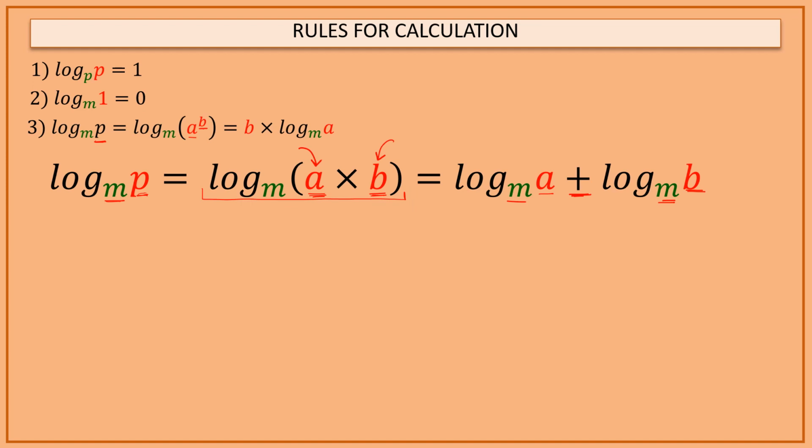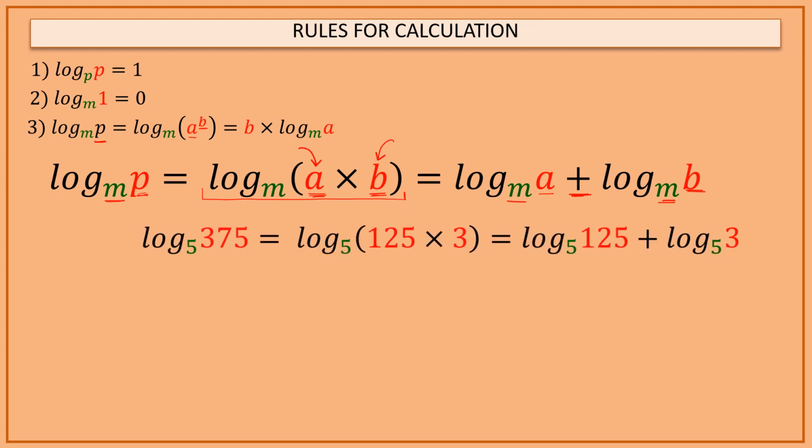For example, let us say we have to calculate the logarithm of 375 to the base 5. Then this 375 can be expressed as 125 times 3. We simplify this by taking logarithm of 125 to the base 5 and logarithm of 3 to the base 5 and then adding the results.